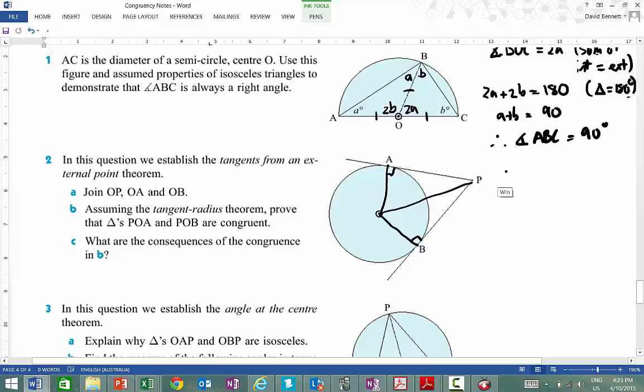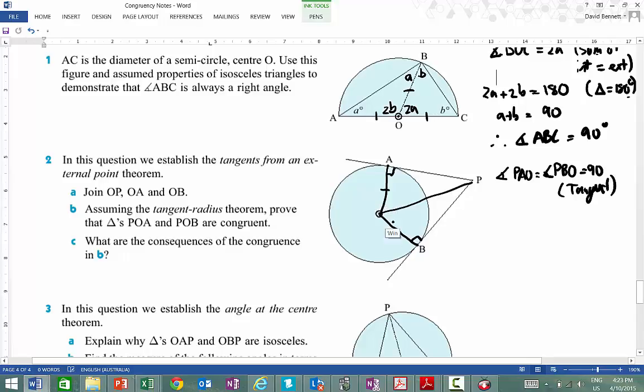So we'd say angle PAO equals angle PBO equals 90 degrees, because we know it's a tangent. We have to give a reason why.